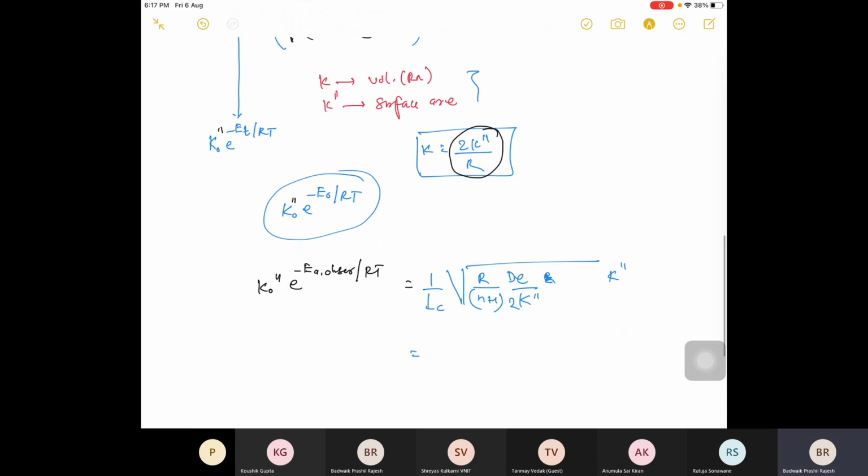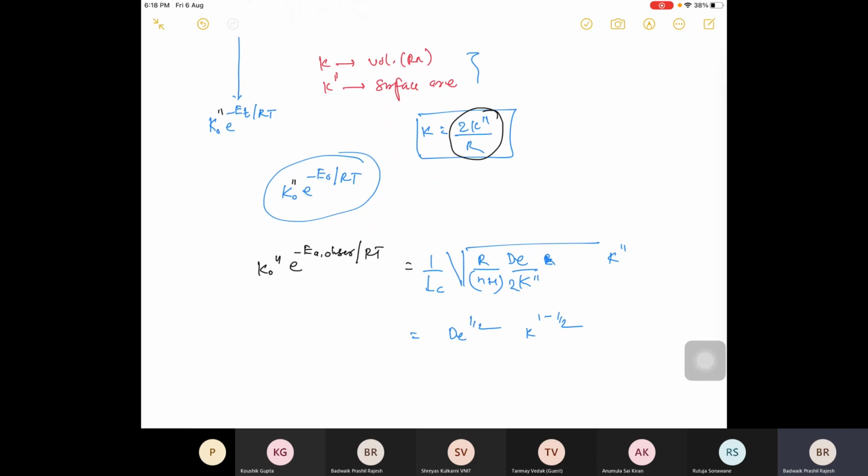Then if you take this diffusivity out, you will have diffusivity to the power half, and this K, if you take it outside, then K to the power 1 minus K to the power half. So you will have K double dash to the power half, right?